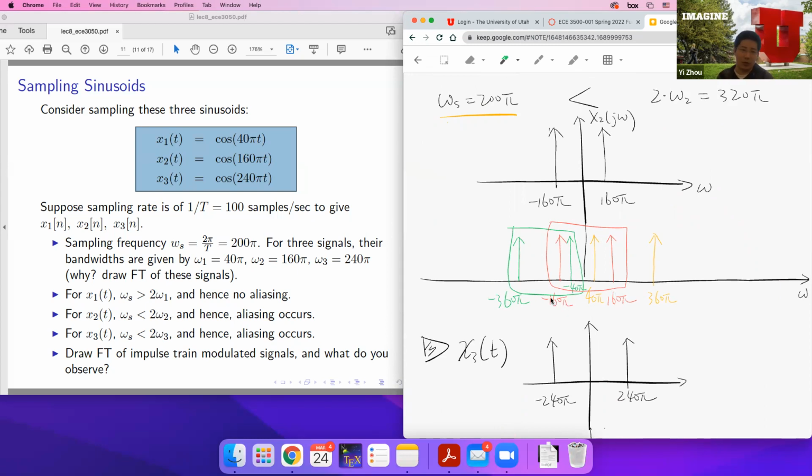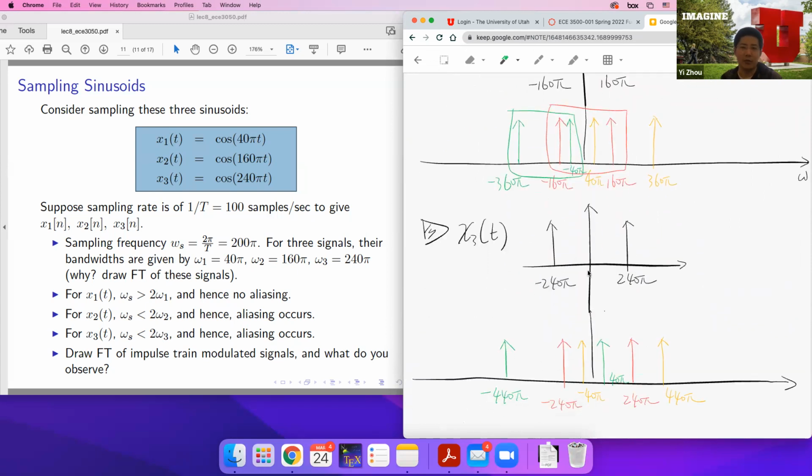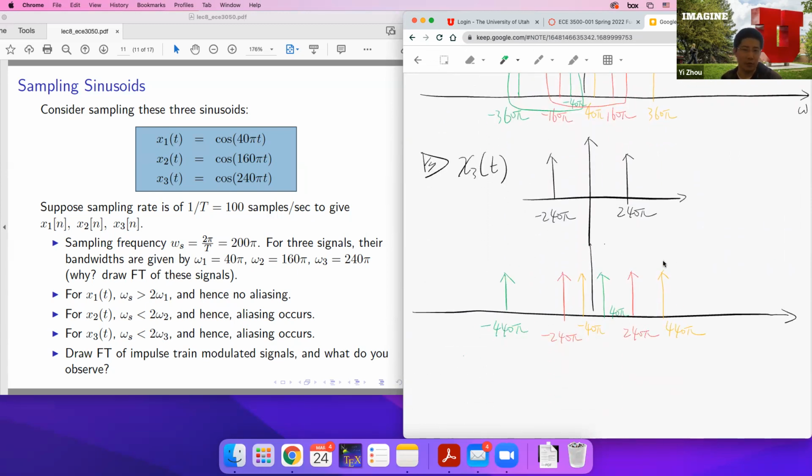Now, if you plot all the copies, you will see that these two spectrum are identical. And if you further look into the third spectrum, you will see again they are identical. We have arrows at 40 pi, we have arrows at 240 pi. If you go to k equals 2, that one will generate arrows at 160 pi.